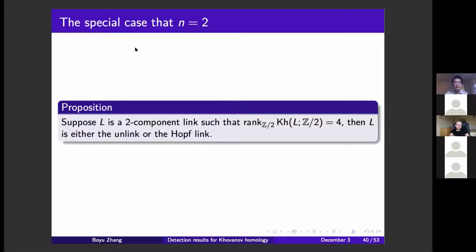To prove the classification theorem for all the links whose Khovanov homology has minimal rank, we have to start with the case where n equals 2. When n equals 2, the statement becomes the following. If we have a link with 2 components, and if we assume that its Khovanov homology has rank 4, then we have to show that the link is either the unlink or the Hopf link.